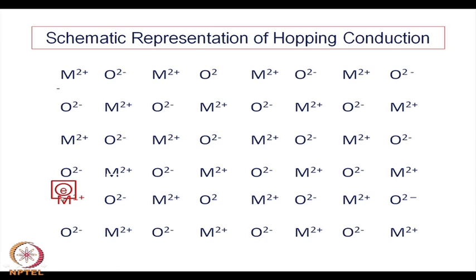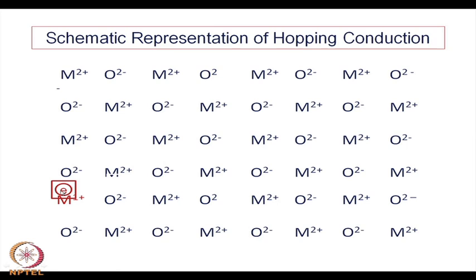For the time being we consider it as an electron, sitting on the site of the M 2 plus. So, in a lattice of M 2 plus and O 2 minus, you have an additional electron sitting at the site of the metal, and it changes the valency from 2 plus to 1 plus.